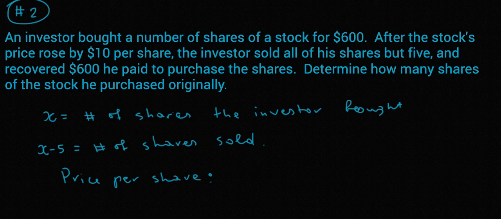So at the moment when the investor bought his shares, the price per share was 600 divided by X, right? Because he purchased X shares and he paid $600 for them, and so therefore 600 divided by X is going to be the price per share when the purchase was made.